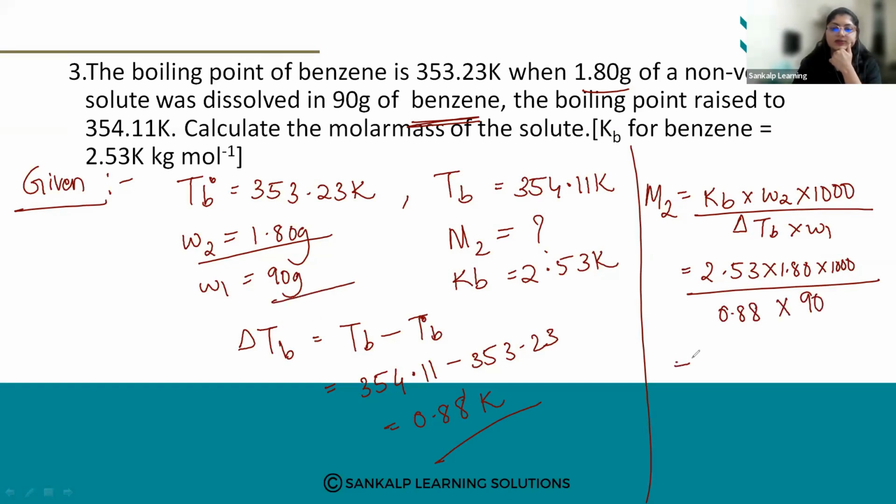Okay, just see what answer you're getting now. 2.53 into 1.80 into 1000 divided by 0.88 into 90.